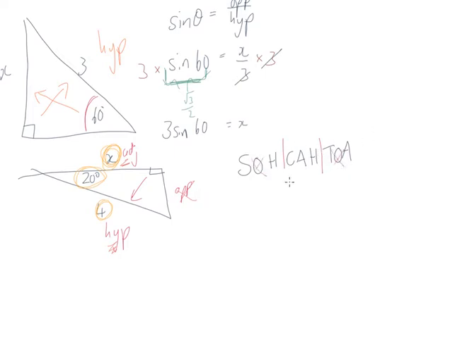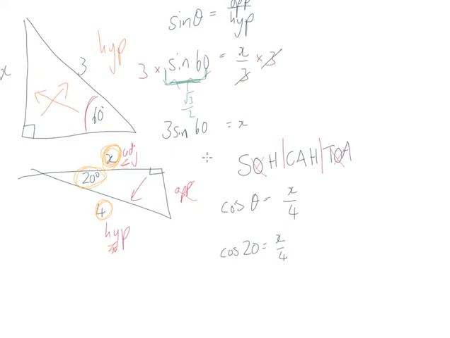I'm left with cos. So cos theta equals adjacent on hypotenuse. Here it's x on 4, or cos 20 equals x on 4. Again, cos 20 is just some number. I haven't got my calculator, so I don't know what it is.